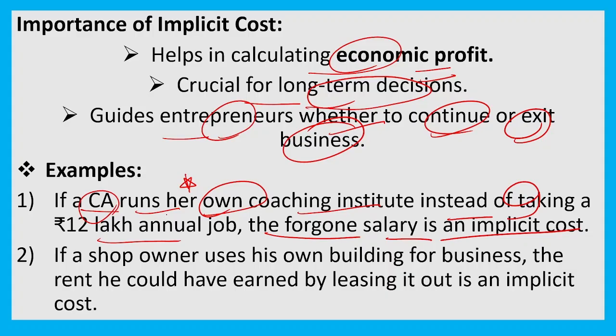Instead of that, he or she has opened up his or her own institution. So the foregone salary is an implicit cost. You can come to know that it is much more similar to opportunity cost. Not 100%, but a bit similar to opportunity cost.